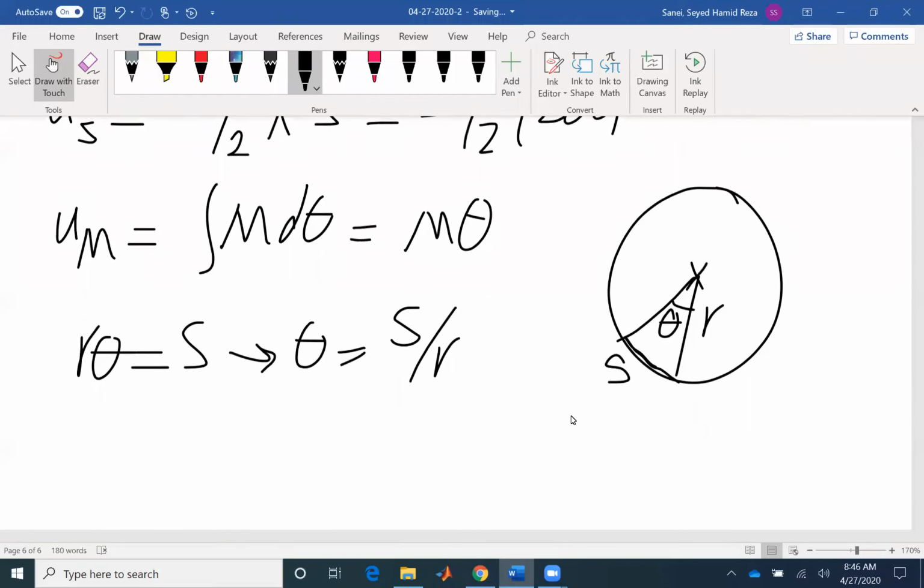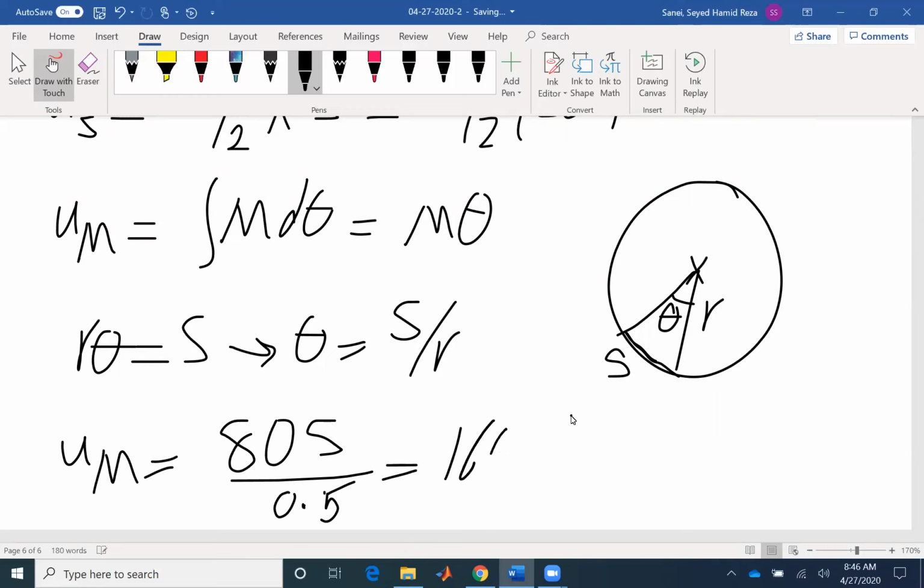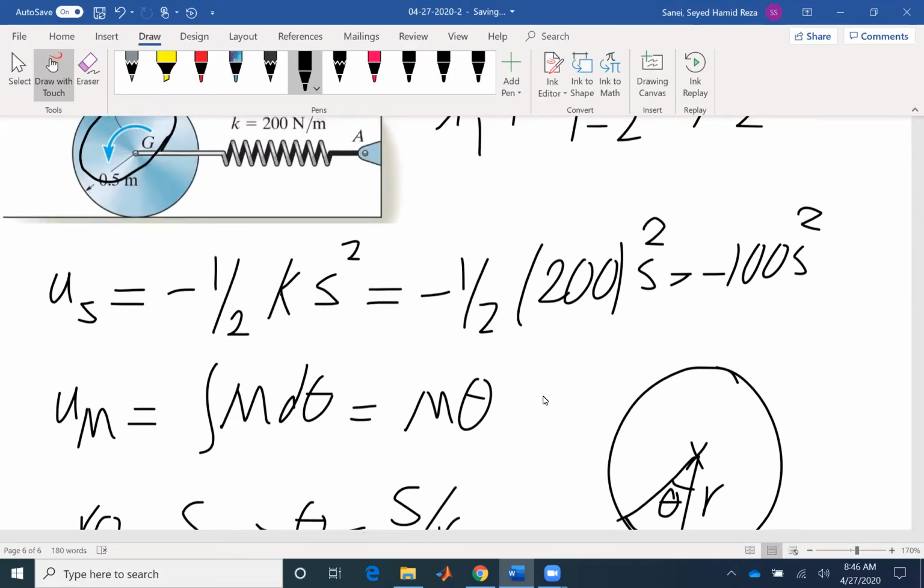Therefore, the work would be M, which is 80. Instead of theta, I'm going to write s over r, and r would be 0.5. Therefore, I have 160 s. This one is positive, and this component is negative.